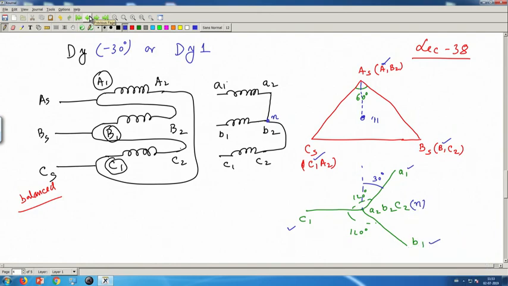I just told connect D Y. I did not specify the phase angle difference. This to begin with, I did not know what it is. It looks like as if I have connected first, then told, oh, you have connected, this is this phase group.